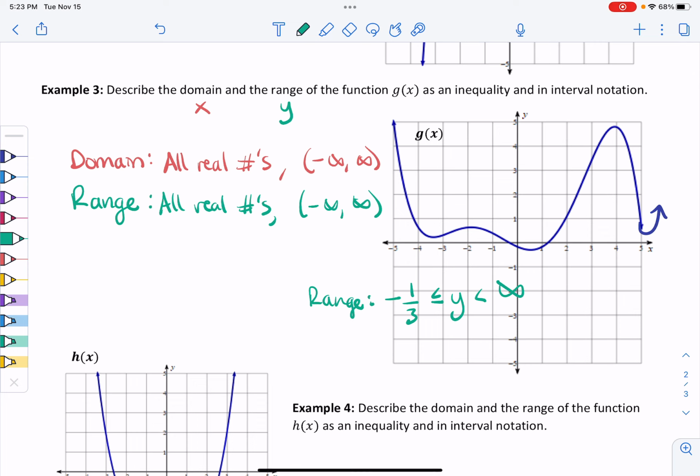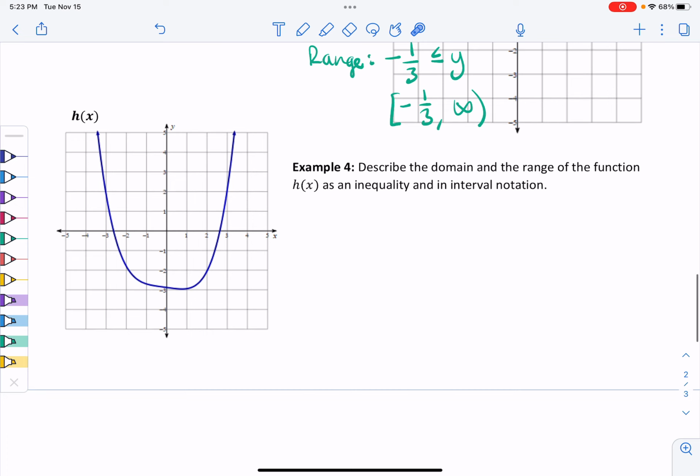We could write less than infinity, or we can just leave it right there, that y is always greater than or equal to negative 1/3. The other way to write this would be, if we're including it with a bracket, negative 1/3 to infinity. All right. So that's the difference that this little change makes if our function were to turn, right? The lowest we would go would be right here.